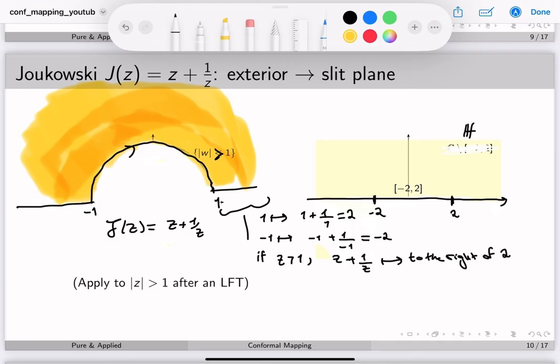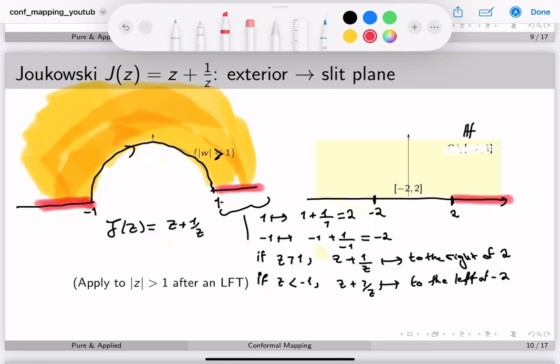In other words, this part here, it's going to go to this part here. And then similarly, if Z is real and it's less than minus 1, then this thing is going to go to the left of minus 2. In other words, what's going to happen is this thing is going to go here.